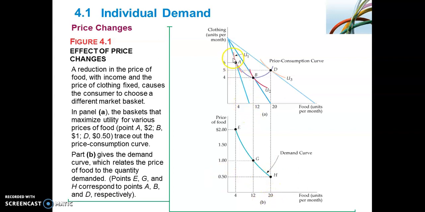Now, points A, B, and D in figure 4.1, part A, those 3 points traced together give us what is called the price consumption curve. And we'll define that in a moment. And here in figure B, you have your familiar demand curve relating the price of food to the quantity demanded.